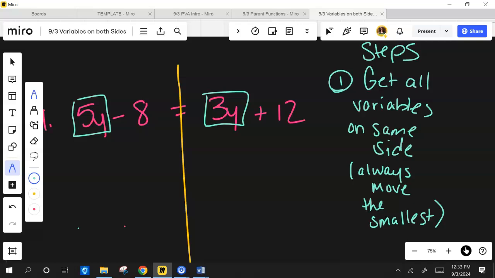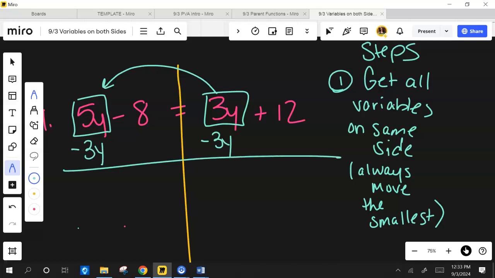If I ever cross this line, what does that mean? Did your teacher teach you this way? How did she use the line? Oh, okay. If you ever have to cross that vertical line, that means you're doing the opposite to get it over there. So to get this 3y over there, I have to subtract it from both sides. It cancels on this side.